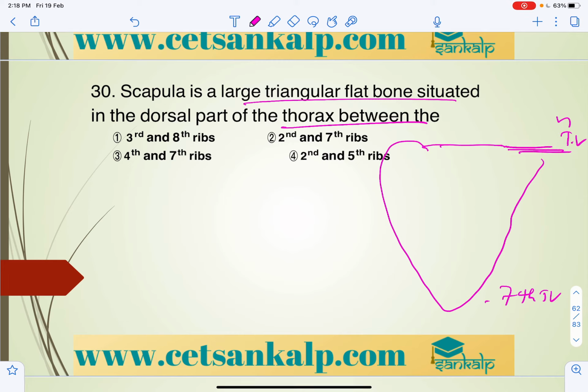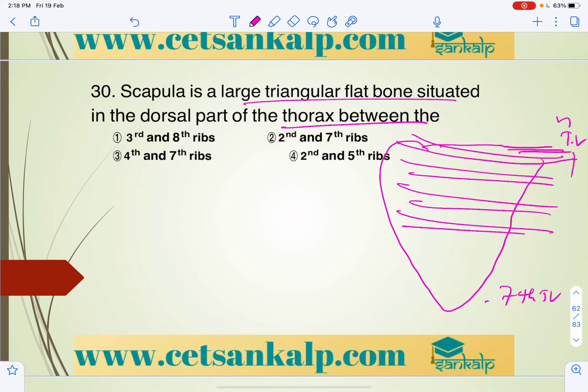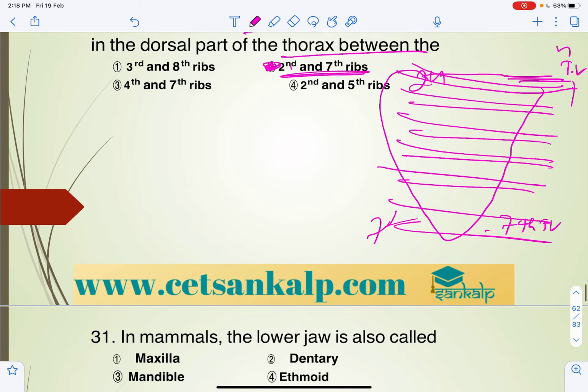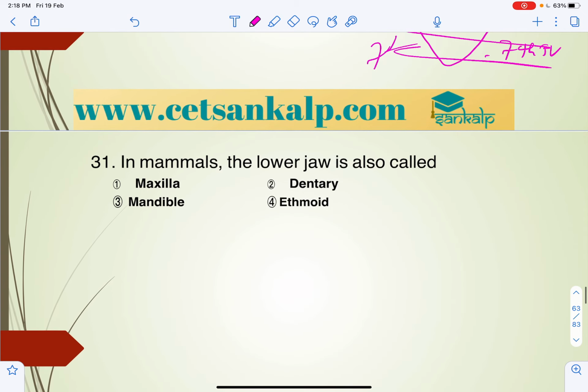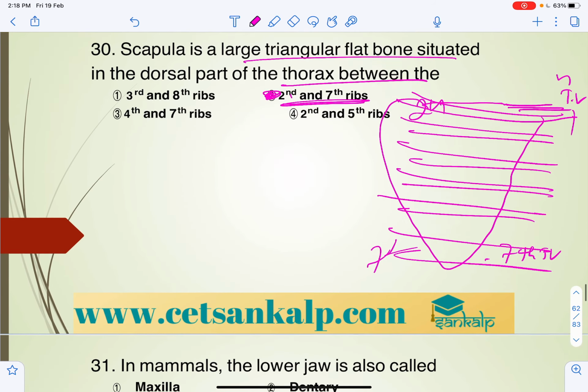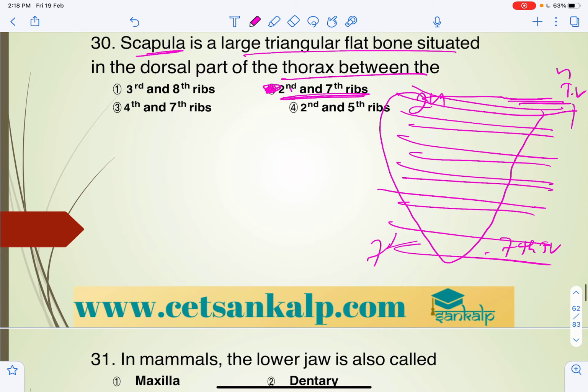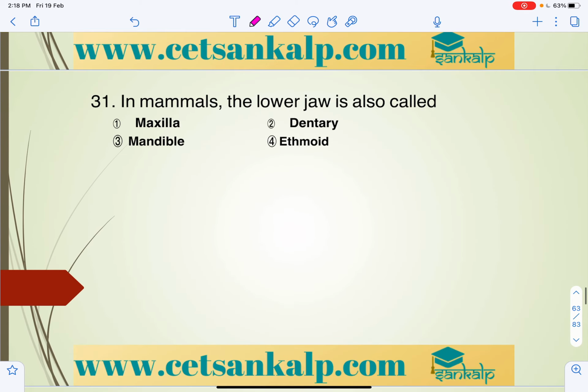Here it starts at the second rib, which attaches with the sternum: second, third, fourth, fifth, sixth and seventh. So between the second rib and seventh rib we can see the scapula, right, which is present on the dorsal side.